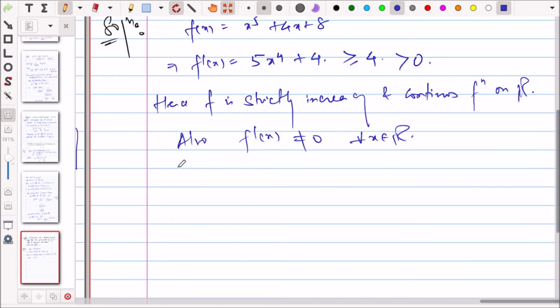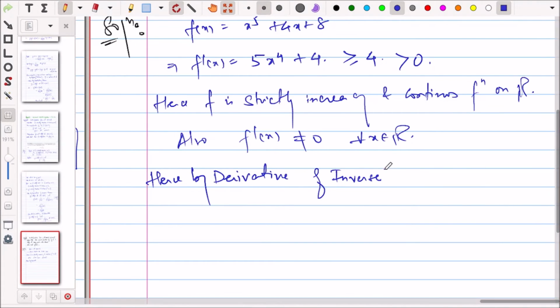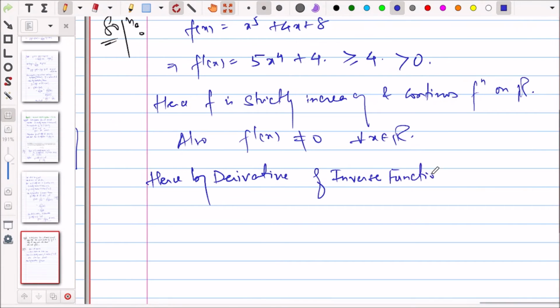Hence, by the derivative of inverse function theorem, g is differentiable at every point.